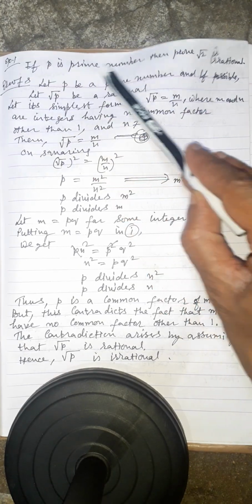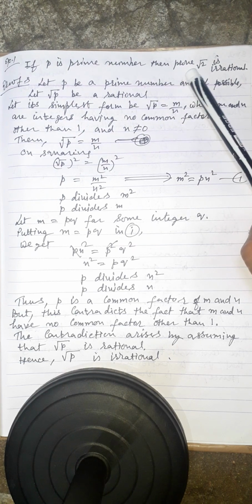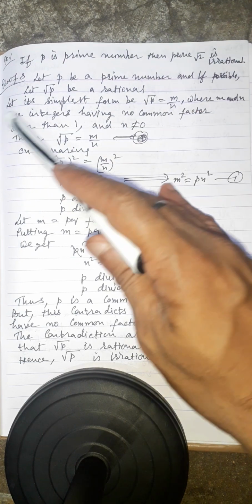If P is a prime number, then prove root P is an irrational number.